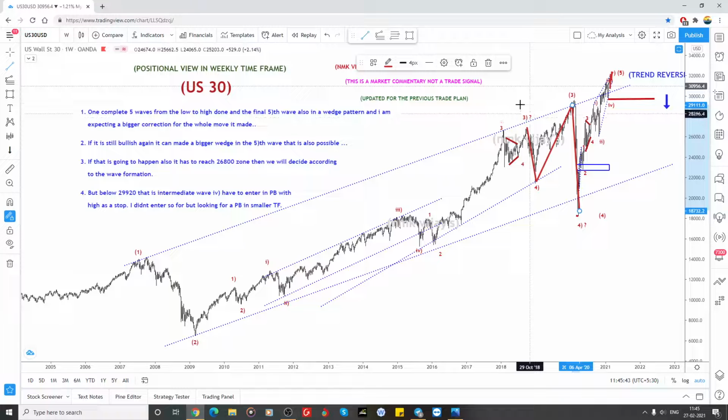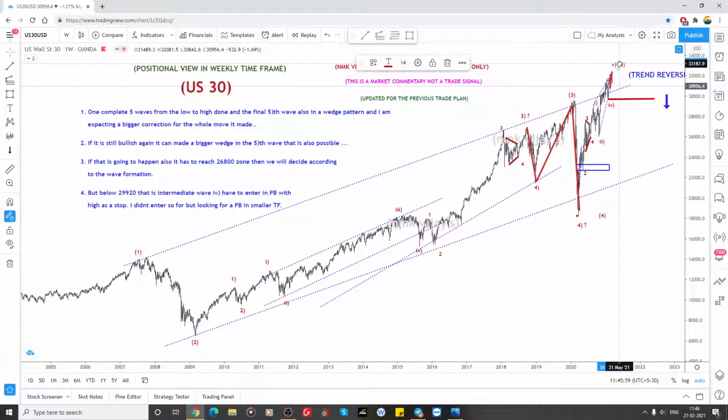So if this third wave ended here, then the fourth and fifth wave are not so satisfied with the movement it made. But if it is a third wave here, and the fourth wave ended here, this is the end of the third wave. This third will move here.